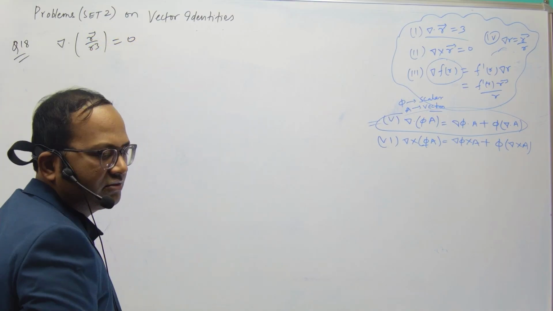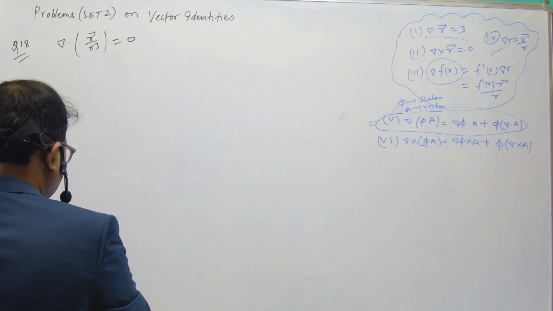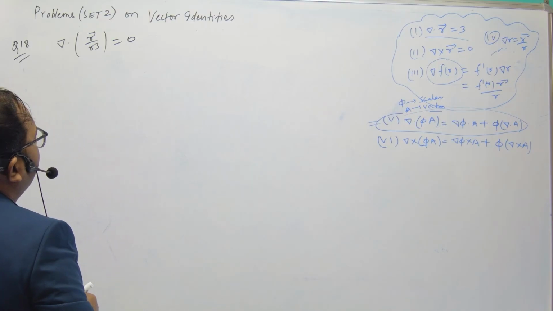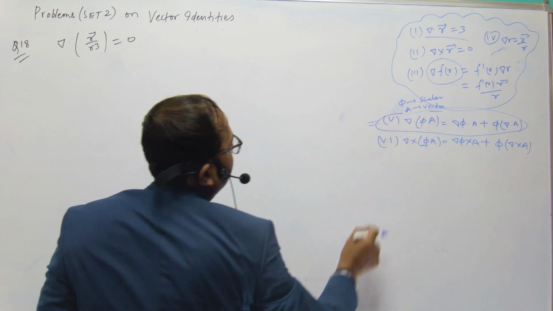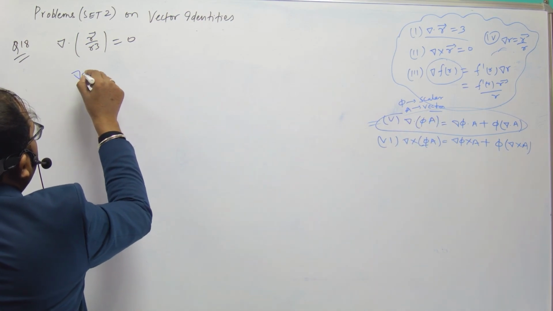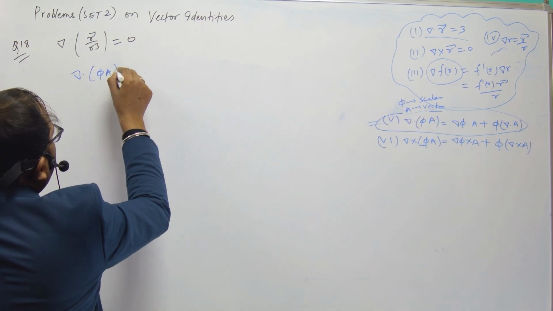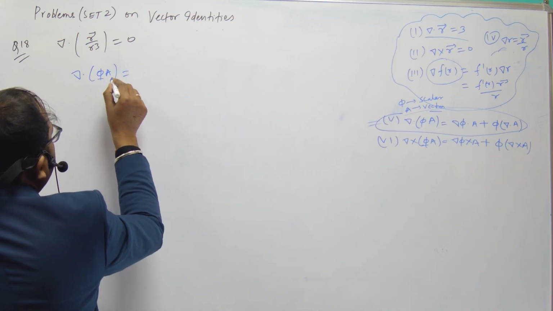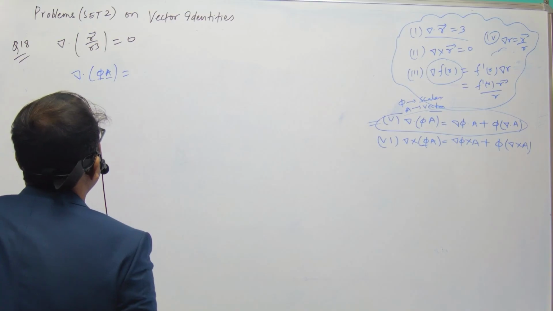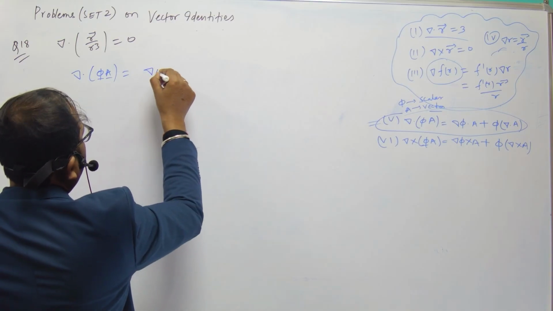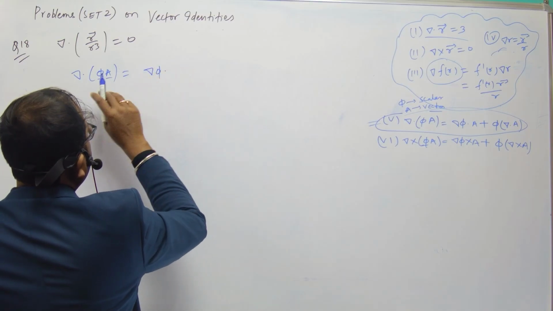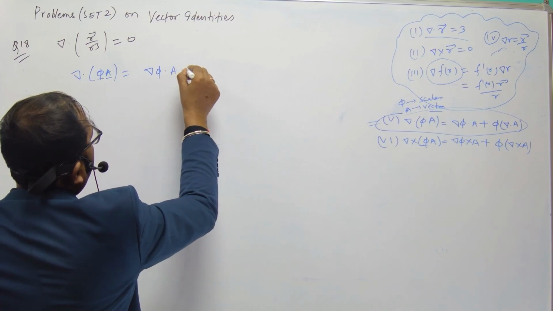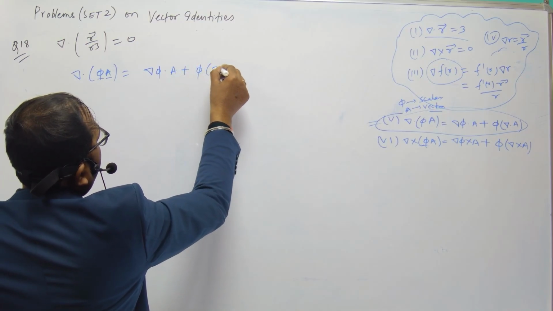How can we solve this? So we have the expression del dot phi a, where phi is a scalar and a is a vector quantity. So this is equal to del phi dot a plus phi times del dot a, the divergence of phi a.